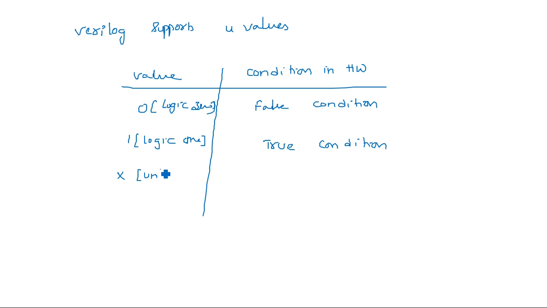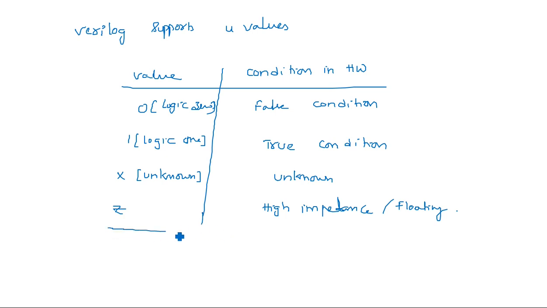X is nothing but unknown, so an unknown condition. And the last one is Z. Z is nothing but high impedance, which is neither 0 nor 1. High impedance, or we can say it is floating, because it is in between 0 and 1.